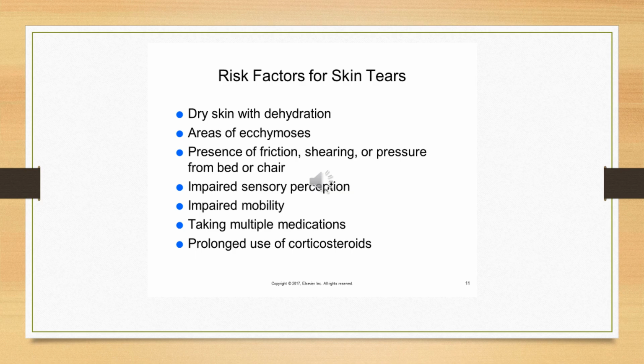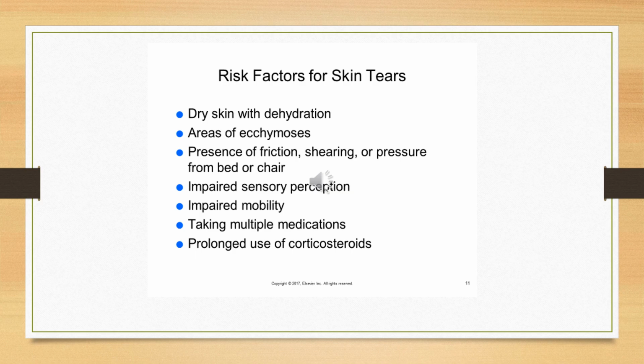And so pressure ulcers, depending on the person's status: a healthy young individual with no illnesses can probably sit in a chair 30 minutes, an hour, 2 hours, or whatever, and not develop a pressure ulcer.